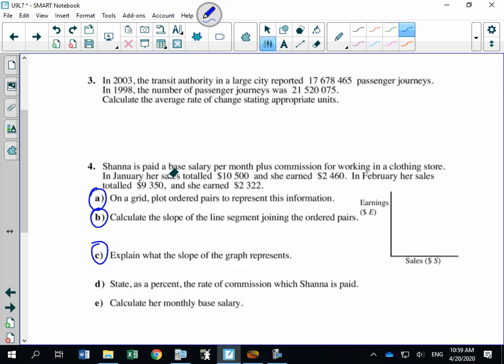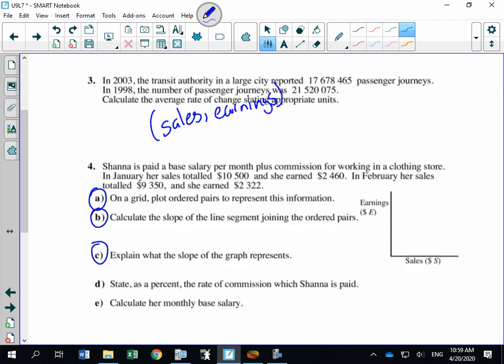So it's pretty much what we did in class, and I could help set up this first one if you want. Sean is paid a base salary per month plus commission, so it's very similar to the one we just did. Her sales go on the x-axis and her earnings go on the y. So it's sales and earnings.